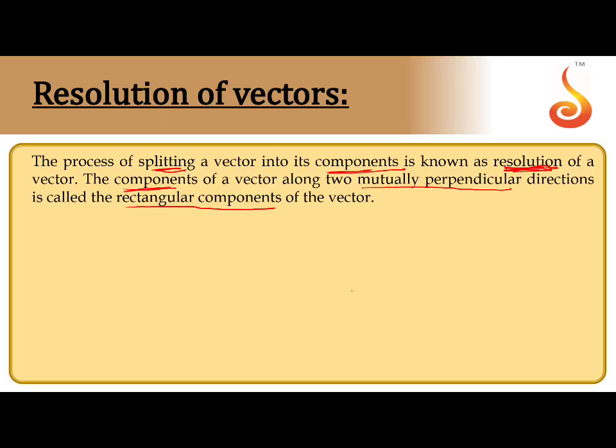Let me consider a vector A. The vector A is at an angle of theta with the x-axis. Then the given vector A can be split into two vectors, namely the AX vector and the AY vector. When I split A, I am getting two new vectors called AX and AY.